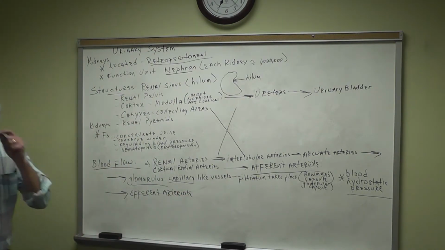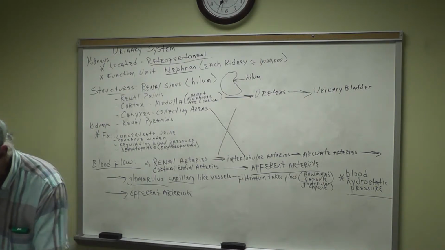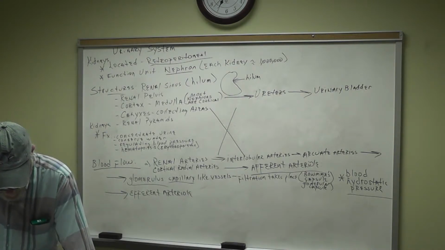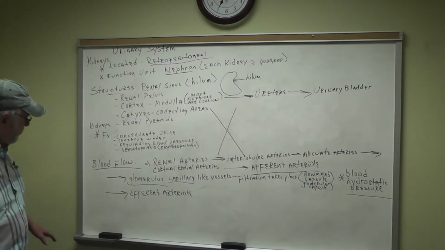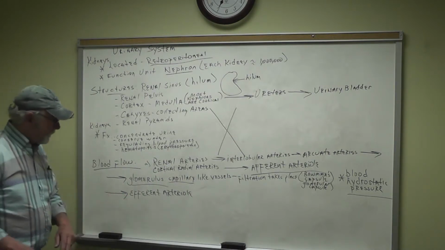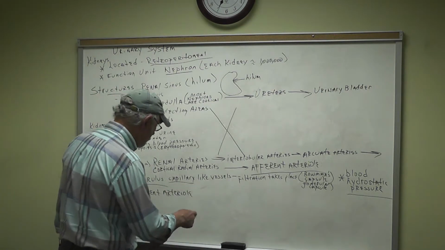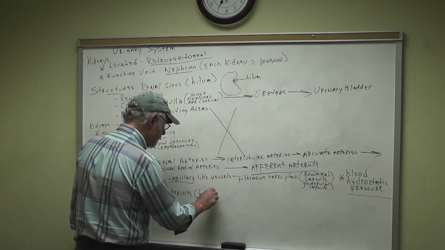Okay? Now, these kidneys are just marvels of engineering in their design. You come out of the efferent arteriole, and if you look on page 528, figure 17.6, you can see where, and if you look at this as we go through it, it'll make it a lot easier, but from this efferent arteriole, this will branch out into another system of capillaries called the peritubular capillaries.